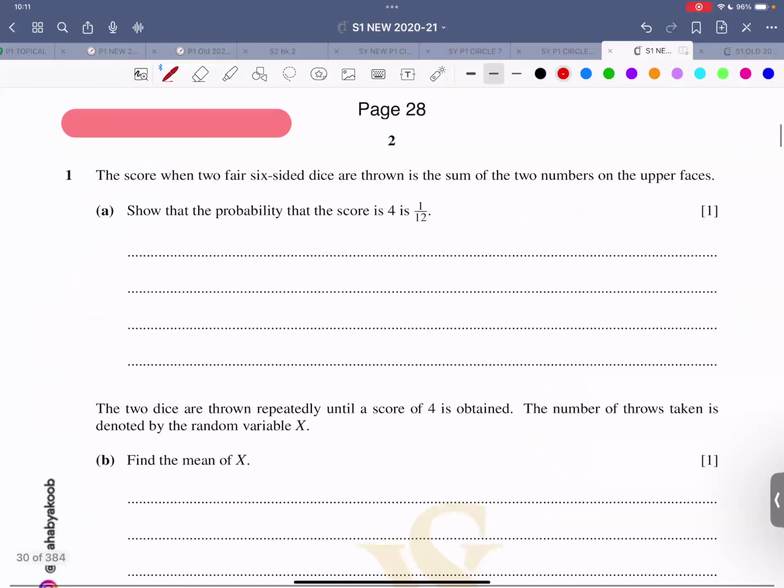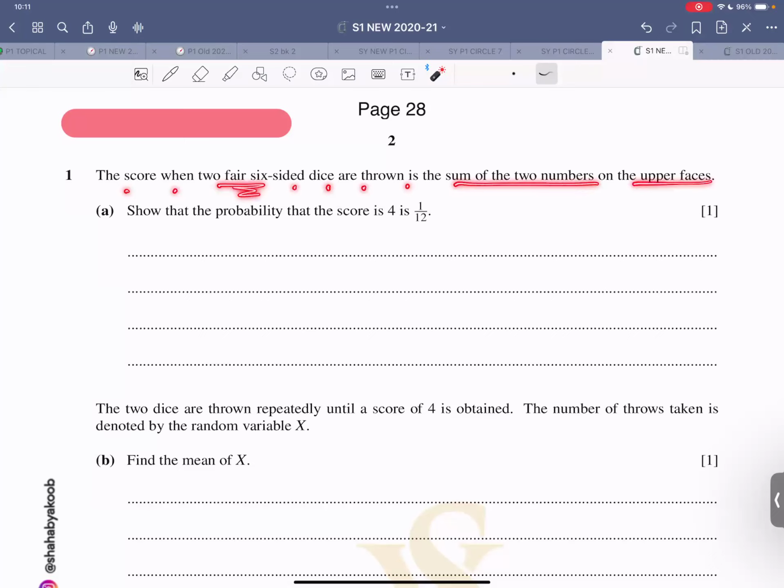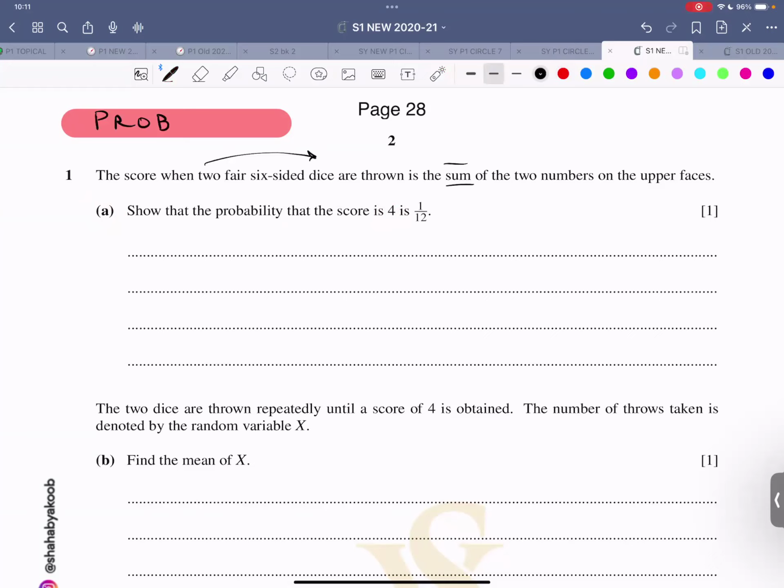Let's get started. The first question says the score when 2 fair 6-sided dice are thrown is the sum of the 2 numbers on the upper faces. Part A, show that the probability that the score is 4 is 1 over 12. Now, this is a simple question of probability. When 2 dice are thrown, it's the sum of the 2 numbers.